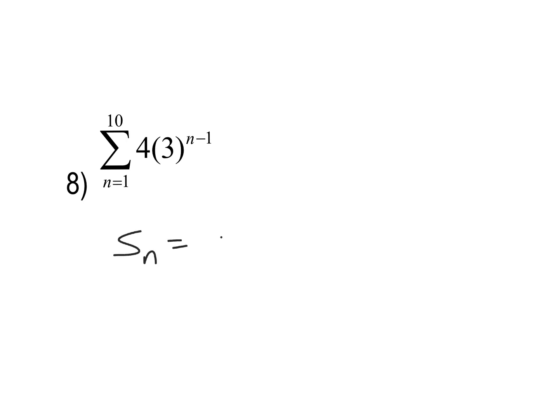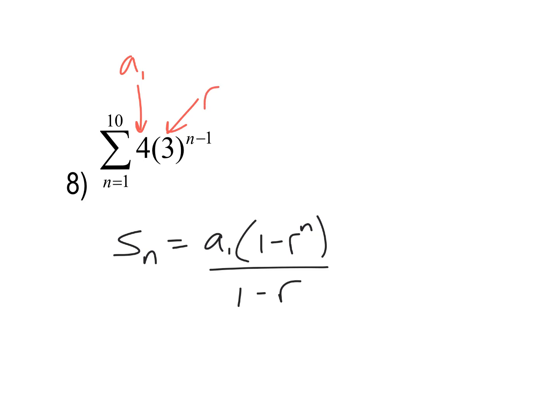The sum formula starts with a1, and it goes (1 minus r to the n) over (1 minus r). And so in this case, what's cool about the summation notation is that this 4 is your a1, the 3 is your r, and this says start with the first term by plugging in 1 and end at the 10th term.